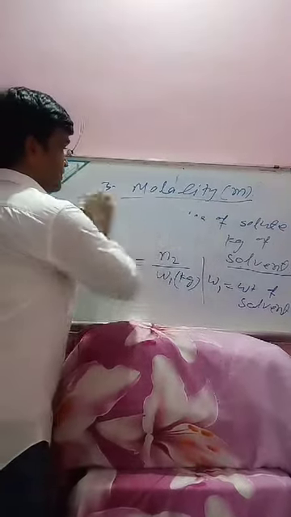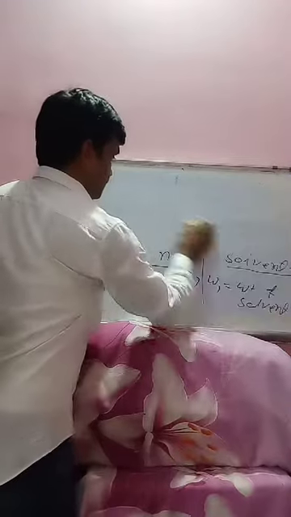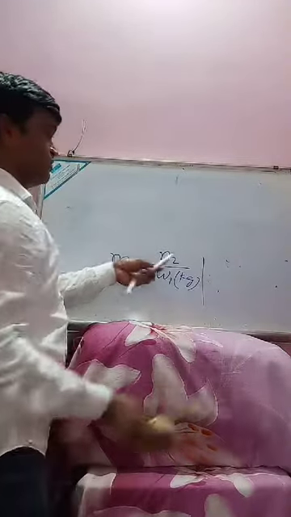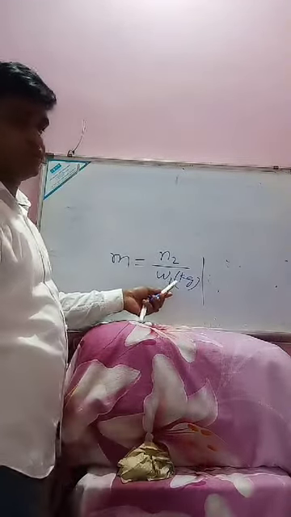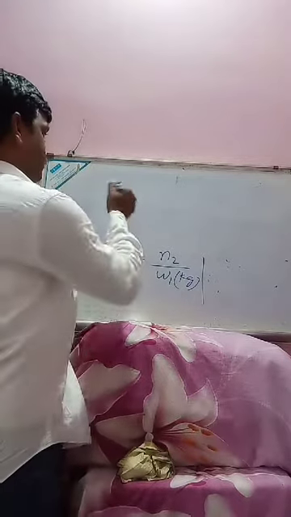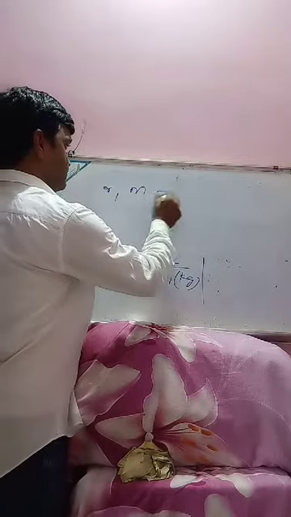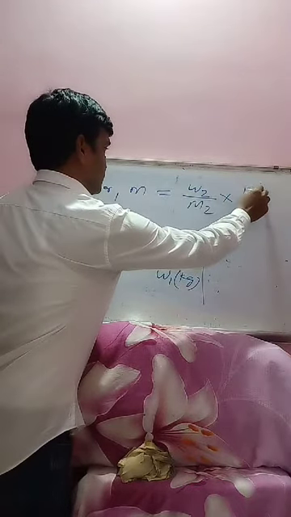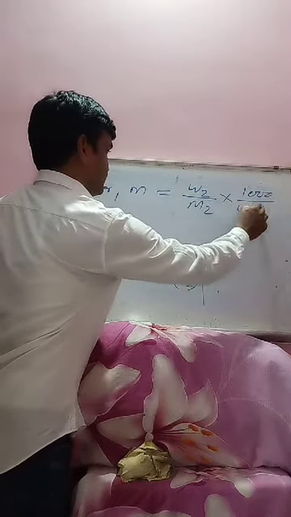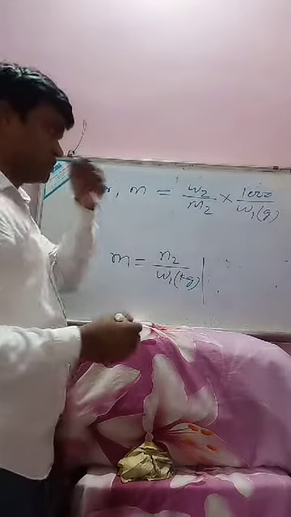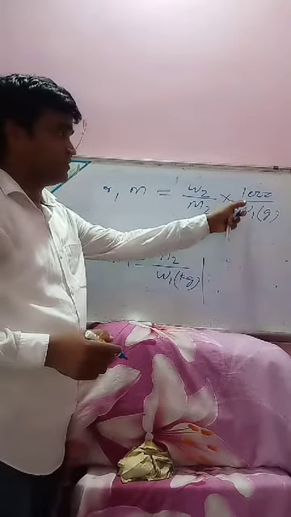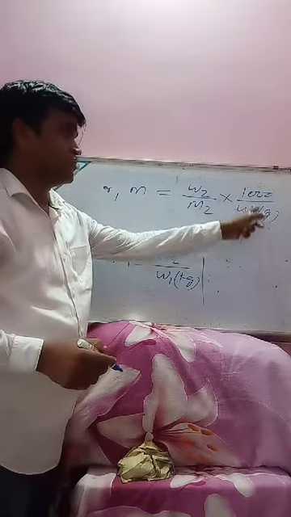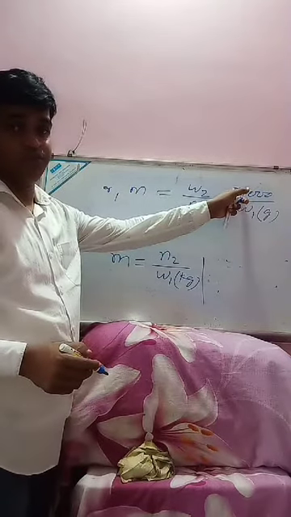Okay, so mathematically, molality is the number of moles of a solute present in 1 kg of solvent, or we can write m is W2 by M2 into 1000 by W1 in gram. If the weight of a solvent is in gram unit, then we have to divide by 1000, which is multiplied in the numerator.